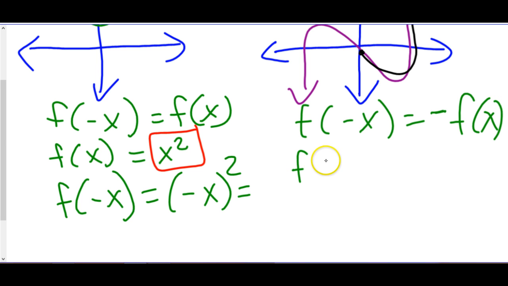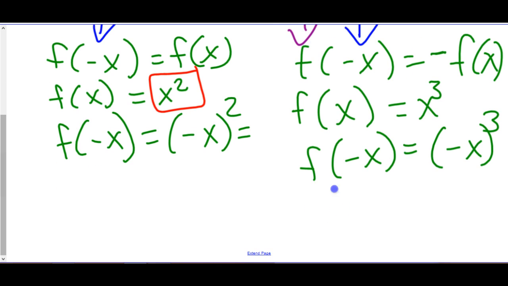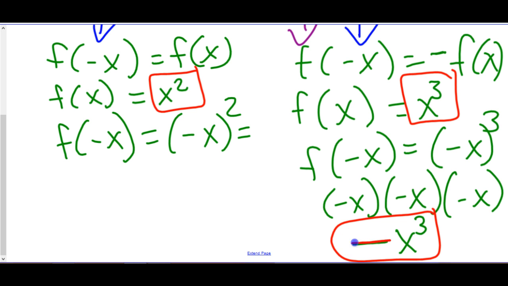So f of x is x cubed, and again, we're going to check it. If we plug in negative x to the third, that is the same as negative x times negative x times negative x, which would be negative x to the third. So we took what we had originally, and the only thing we changed about it was that there was a negative sign in front.